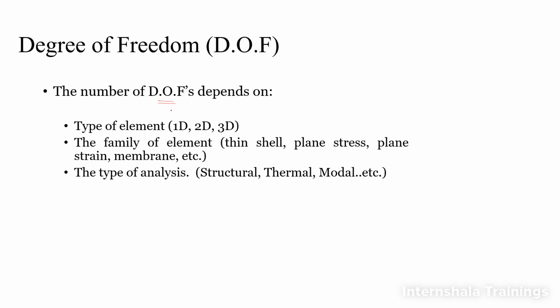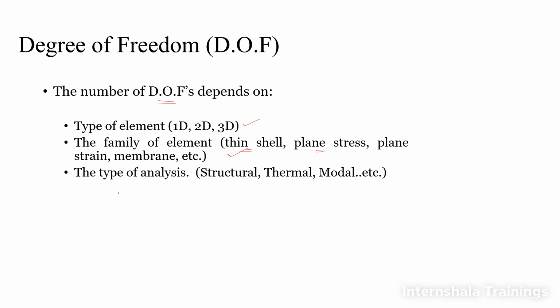So what are the different factors based on which the degrees of freedom changes? It will change based on the type of element, and it will change based on the family of element. Suppose for example, in 2D elements only, if you take thin shell and plane stress elements, there will be different degrees of freedom for each kind of an element.